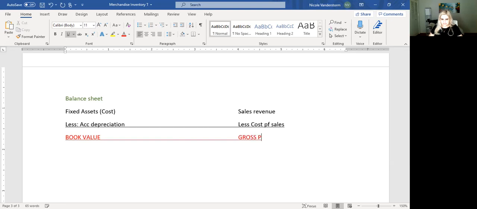Now again, folks, there is no GL account called gross profit. It's just a disclosure in the income statement.